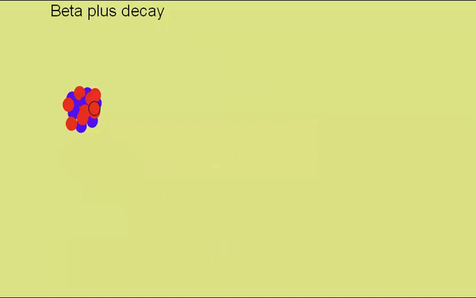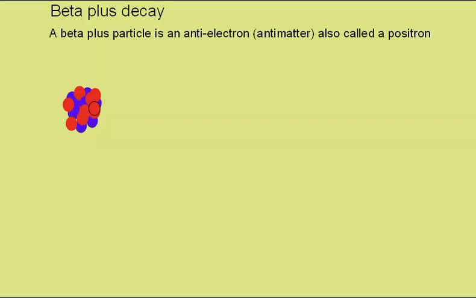Beta plus decay. In this case, a beta plus particle, which is an anti-electron, antimatter, often called a positron, is emitted. In this case, a proton turns into a neutron, ejecting the beta plus.